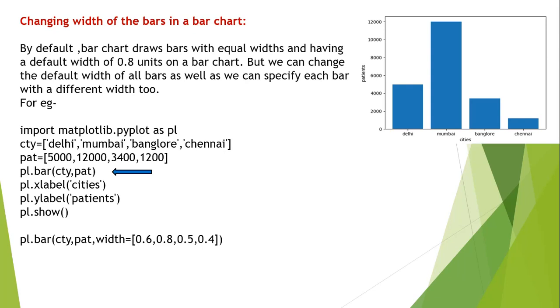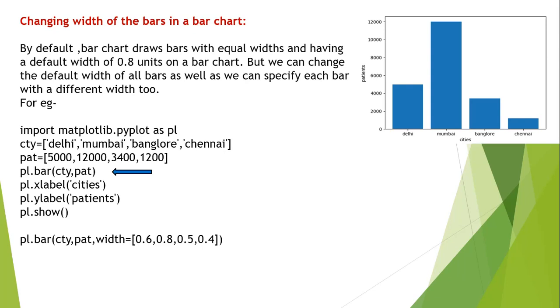See, four values were there in this city column, that is Delhi, Mumbai, Bangalore and Chennai. So for each particular city we have given a width. For Delhi it will take the width as 0.6, for Mumbai 0.8, for Bangalore 0.5, and for Chennai 0.4.